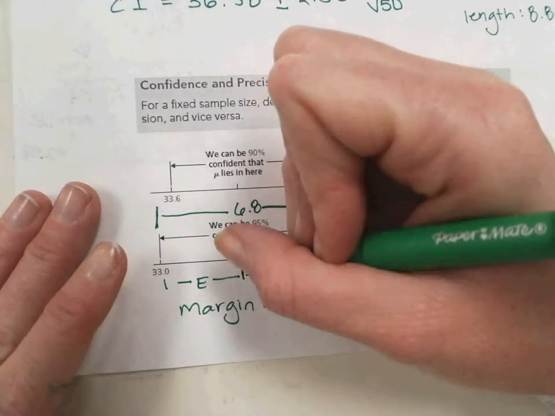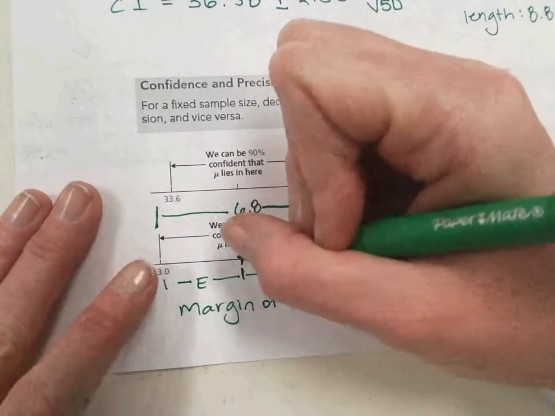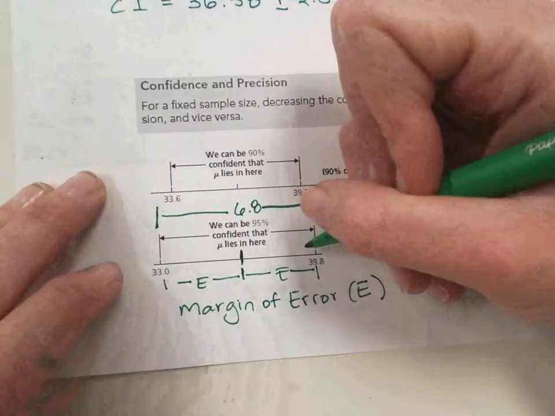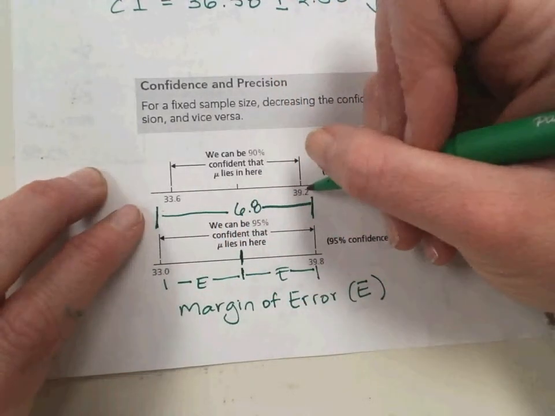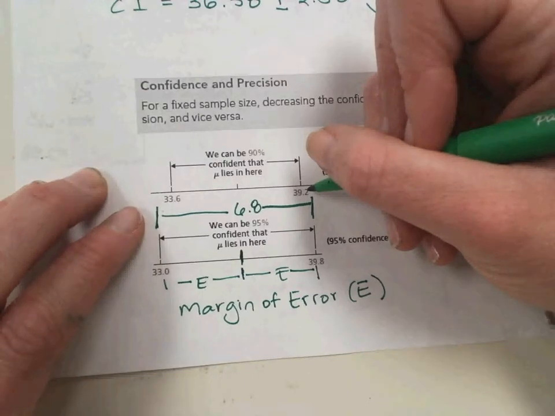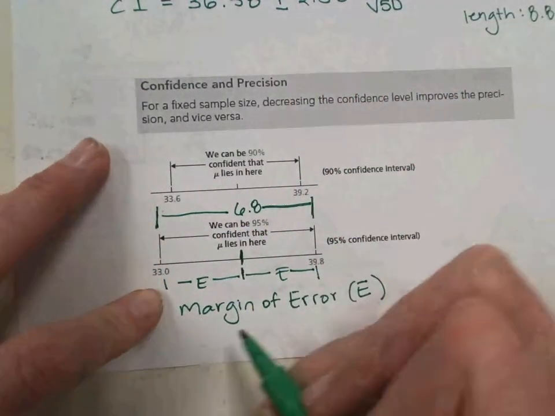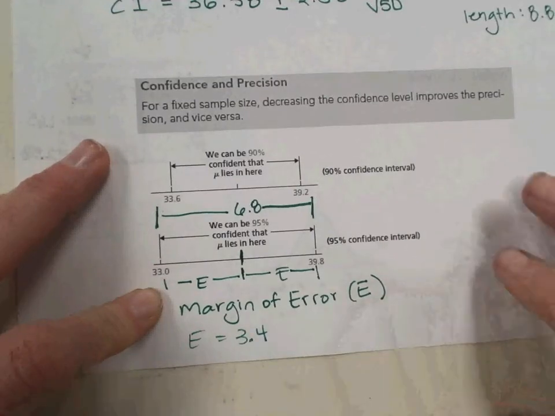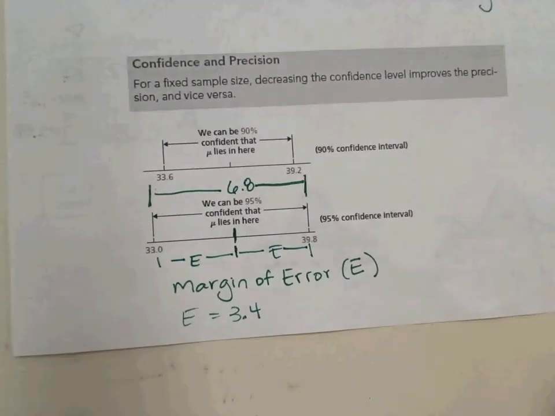So the margin of error, you can see, is the distance from the mean to the lower bound as well as the distance from the mean to the upper bound. So it's half the length of the entire confidence interval. So the margin of error here would be 3.4.